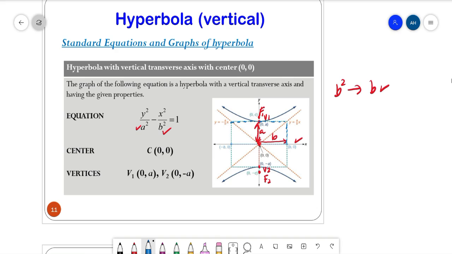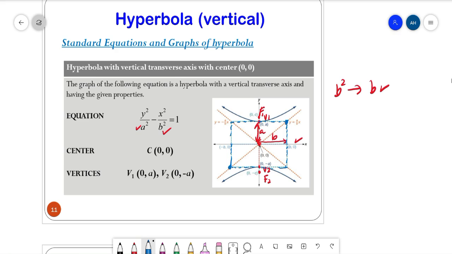This is a and this is another a, this is b, this is another b. And then to draw the asymptote, we take a ruler and a pencil, and join this point and that point together.